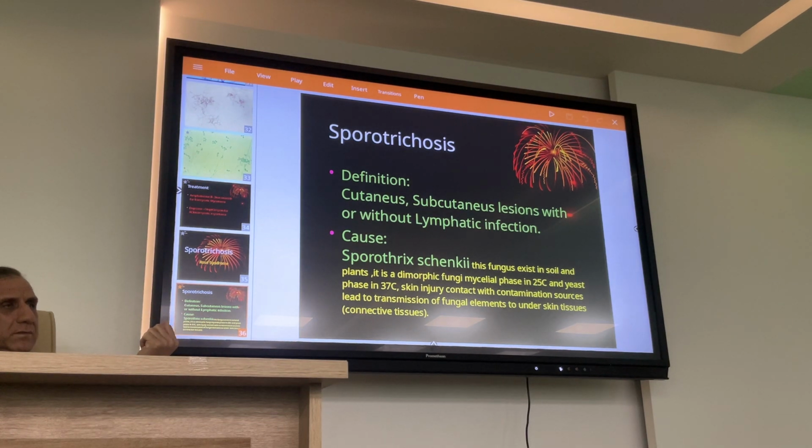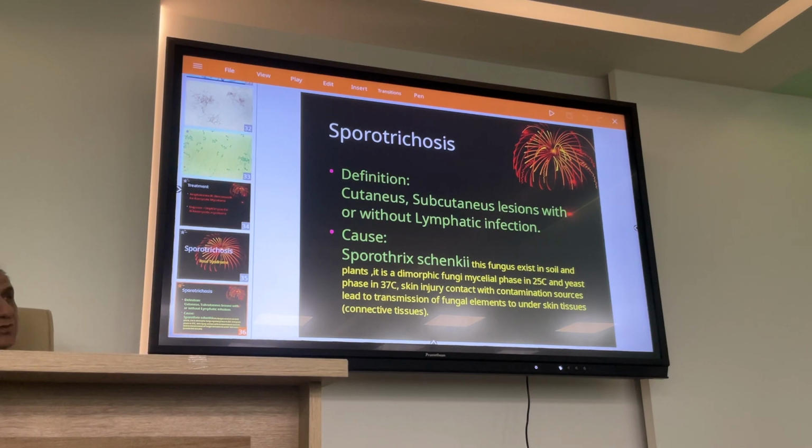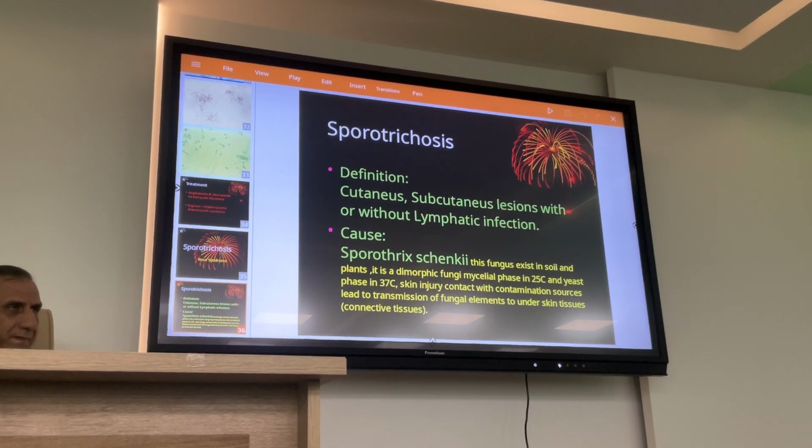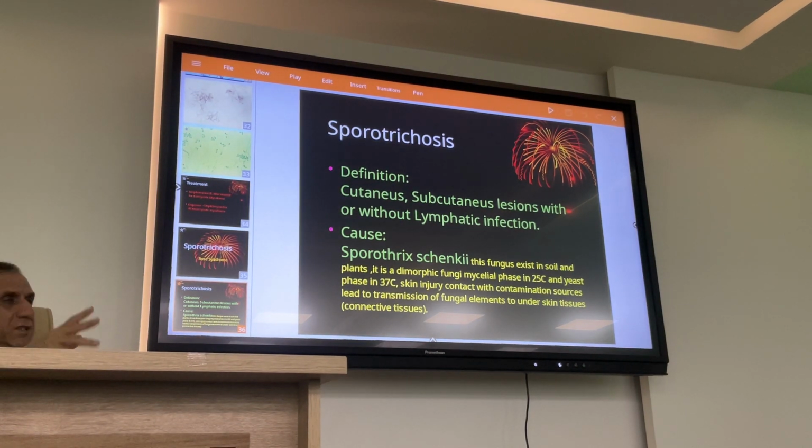What is the normal condition for change? We have two ways to change the morphology. One, in media, in culture: at 37 centigrade, yeast form, and at 25, mycelial form.